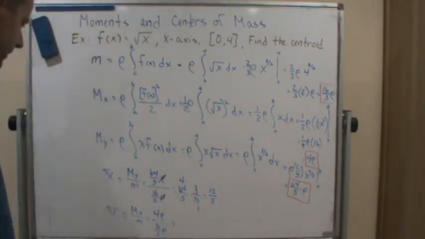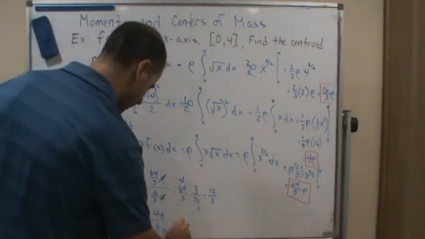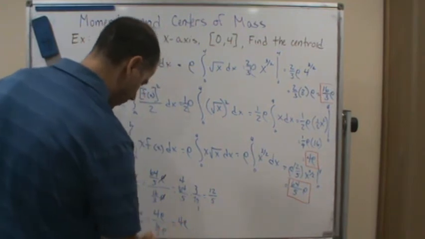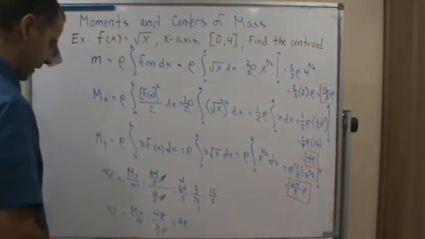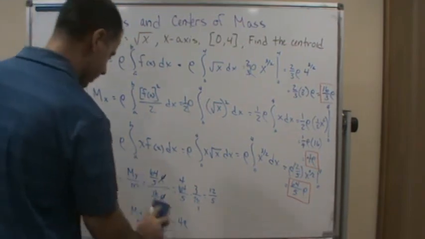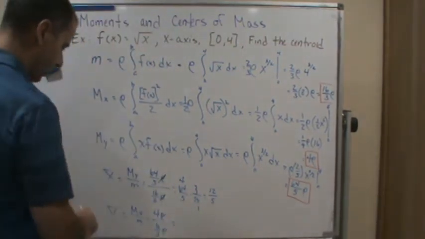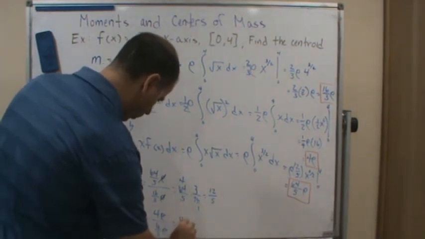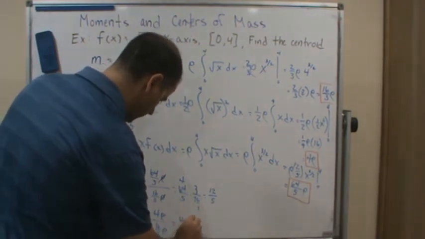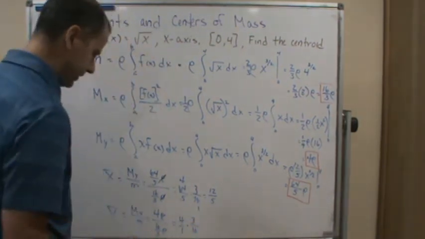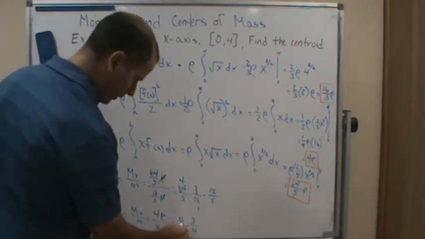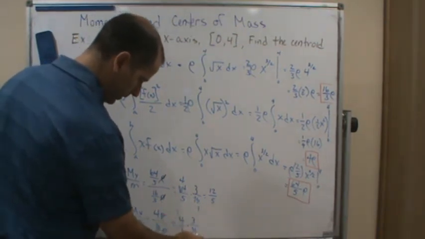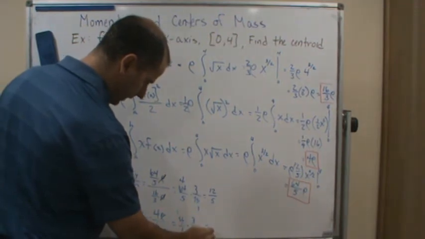And of course, the rhos cancel again, obviously. And so what does this become? This becomes 4 over 1 times 3/16. And of course, the 4 and the 16 cancel each other out, so 4 divided by 4 is 1, 16 divided by 4 is 4, and I get 3/4.